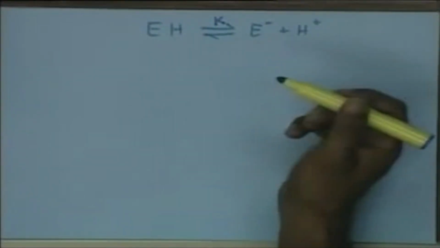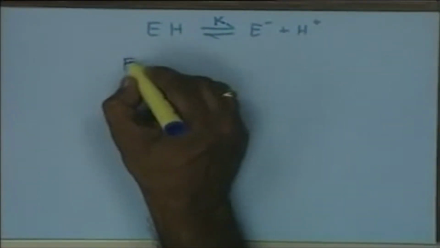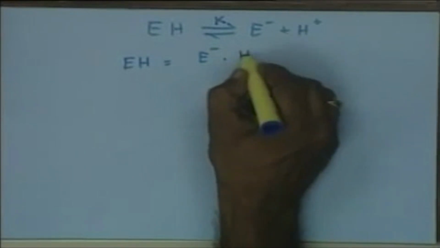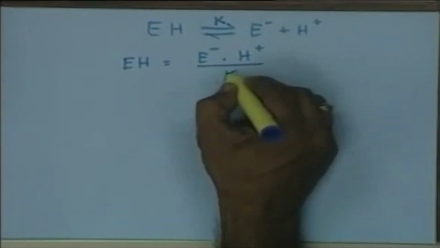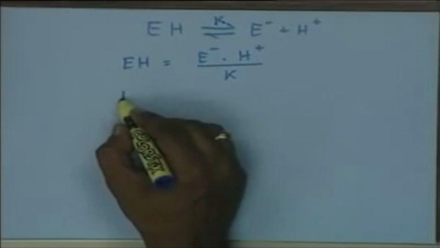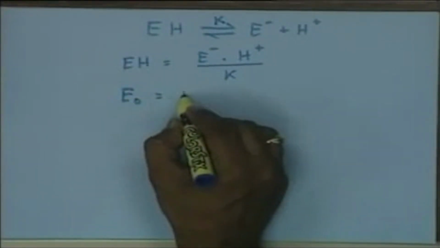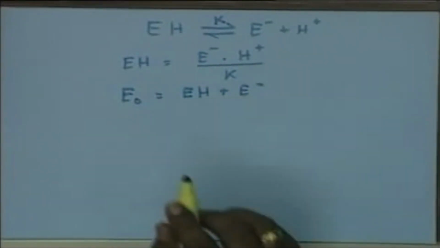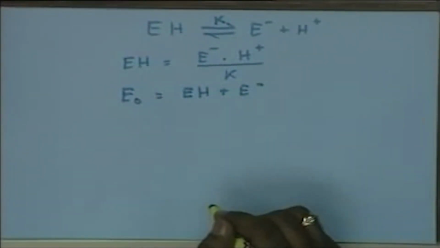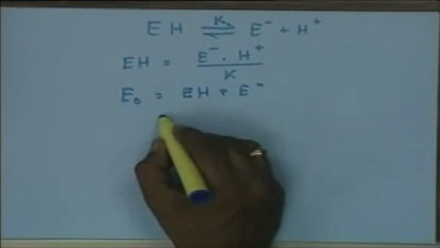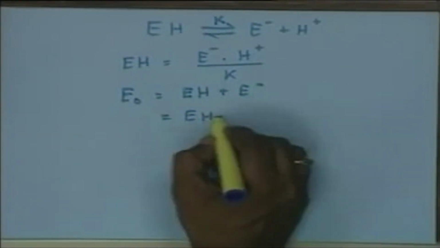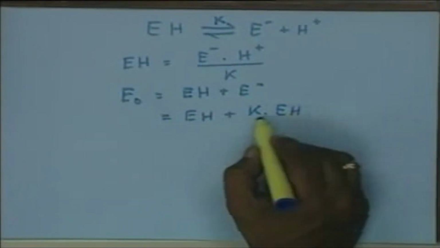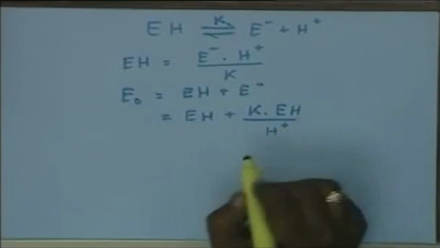Under these circumstances, the concentration of EH will be E minus into H plus upon K, and the total enzyme concentration E naught will be EH plus E minus, which is EH plus K into EH upon H plus.